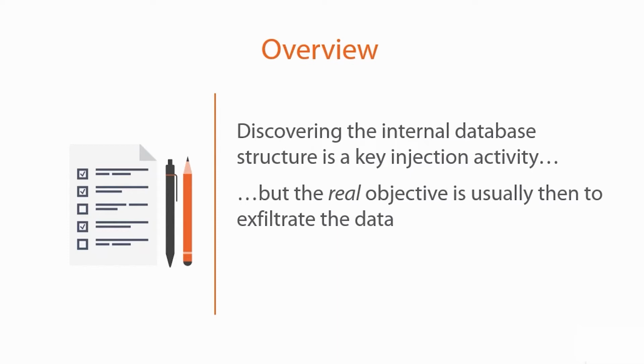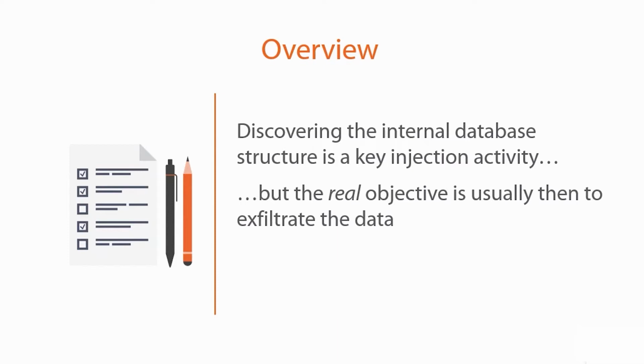And these two things are a little bit chicken and egg. You need to understand the schema in order to know what data you want to pull out of the system, but the process of discovering the schema often involves pulling data out of the system. If that sounds a little bit confusing now, it will all make sense as we progress through this module.